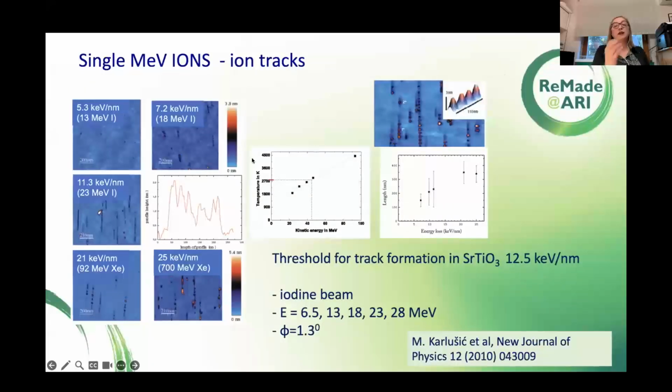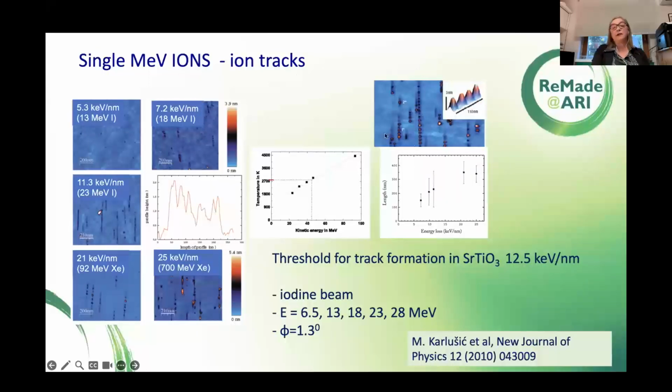This is also one example done in our lab, where we were looking at this surface. What is the stopping power needed to produce visible ion tracks at the surface of this strontium titanium oxide?